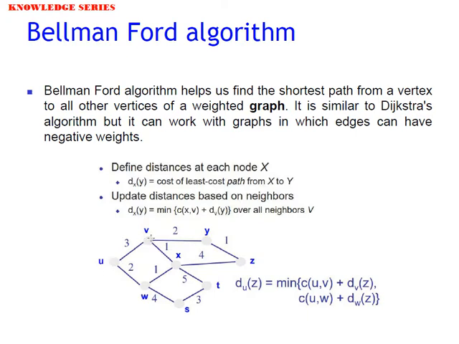Yes, u knows the neighboring distance to v. U knows the neighboring distance to w. So v to x it is not aware, and w to x is also not aware.